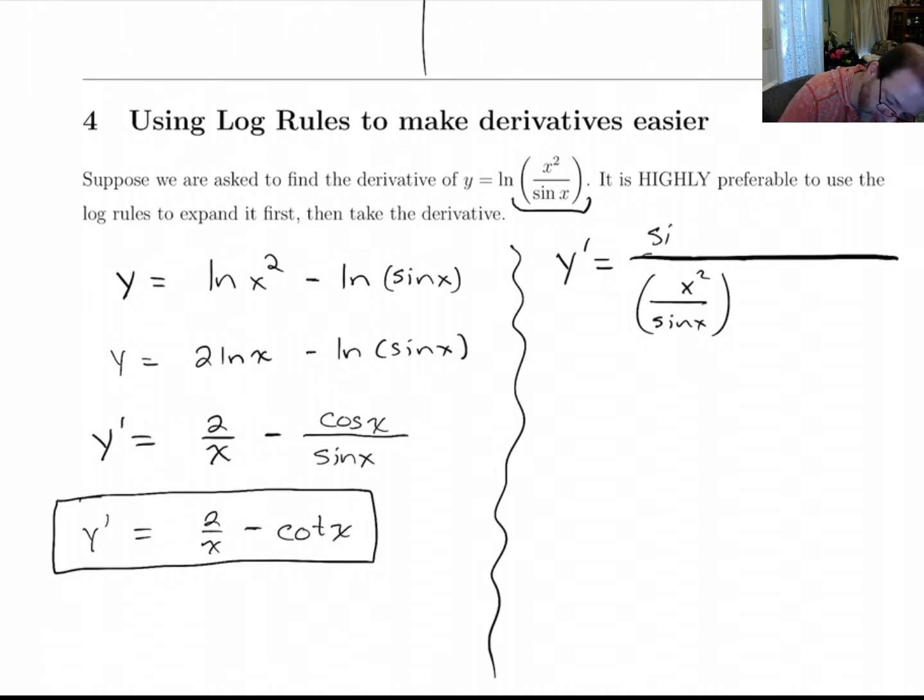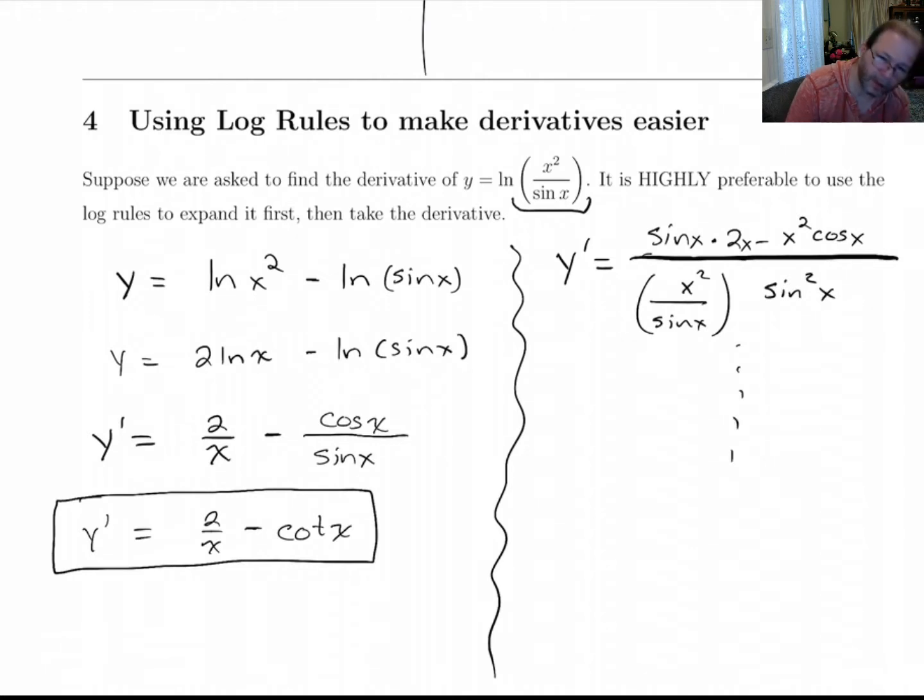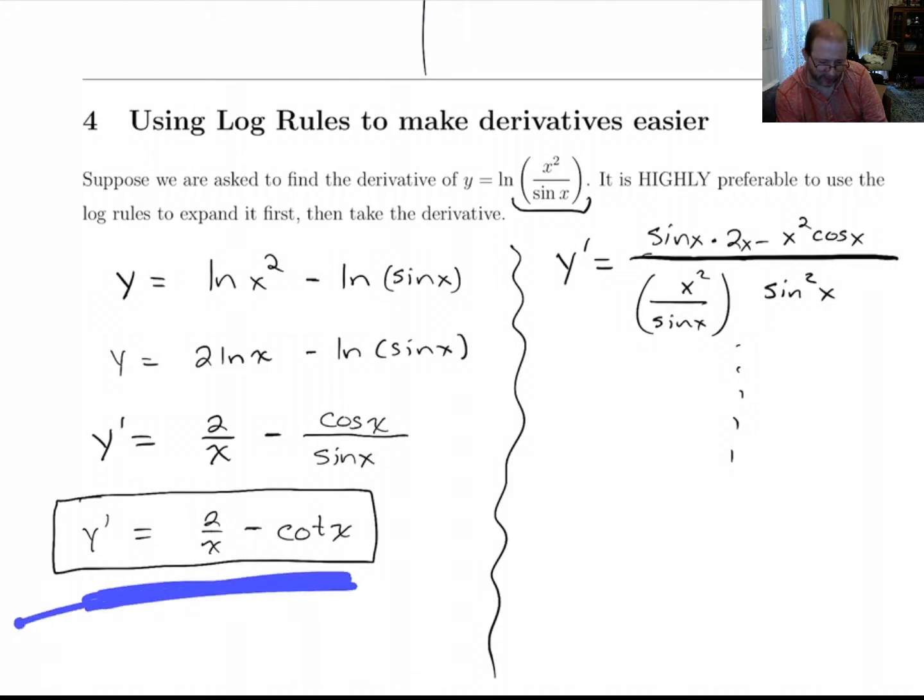So we get low d high minus high d low over low squared. I could just put the low squared down here, sine squared x. So we could do that and then go through all the business of cleaning that up. But that's no fun. Using the logs over here makes this derivative so much easier.